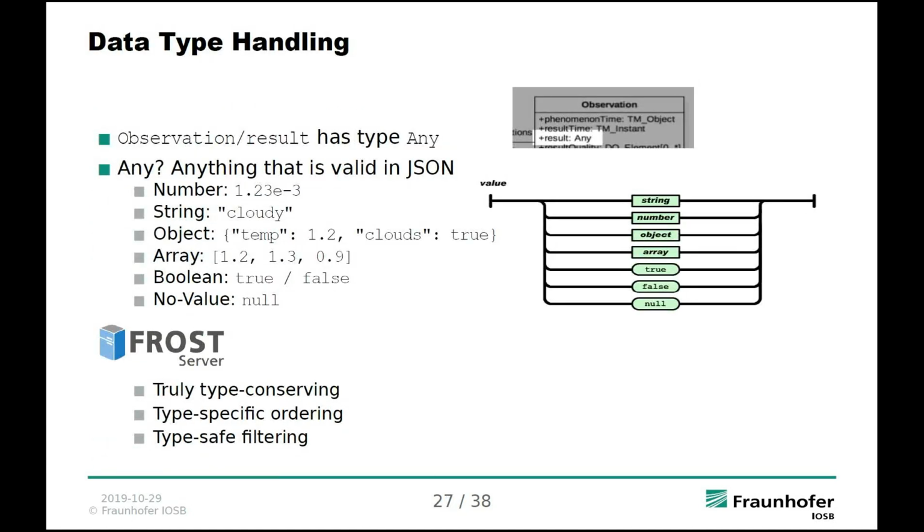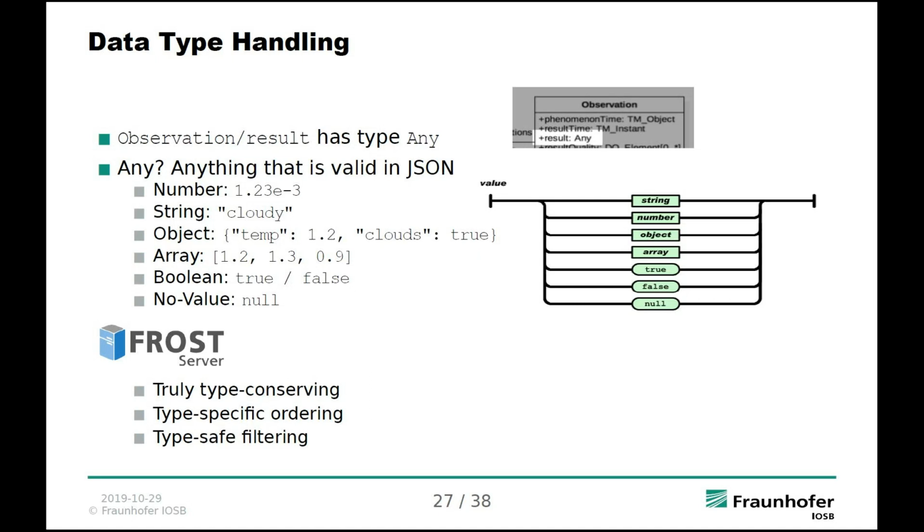Okay, so some features that are quite helpful, that go a bit beyond the standard or maybe are not so clearly defined in the standard. Observations have a result with the type of any, but what can any be? Of course, it has to be encoded in JSON, so it has to be valid JSON.